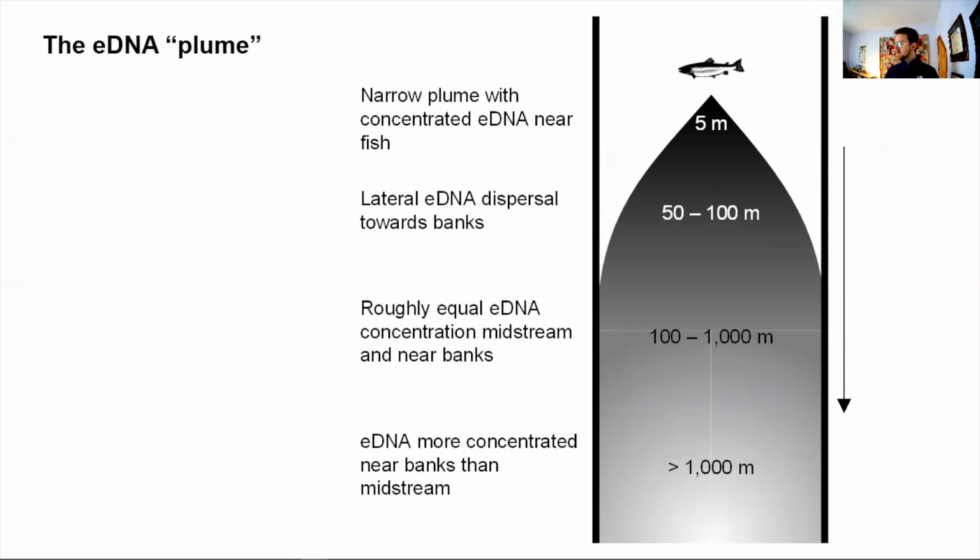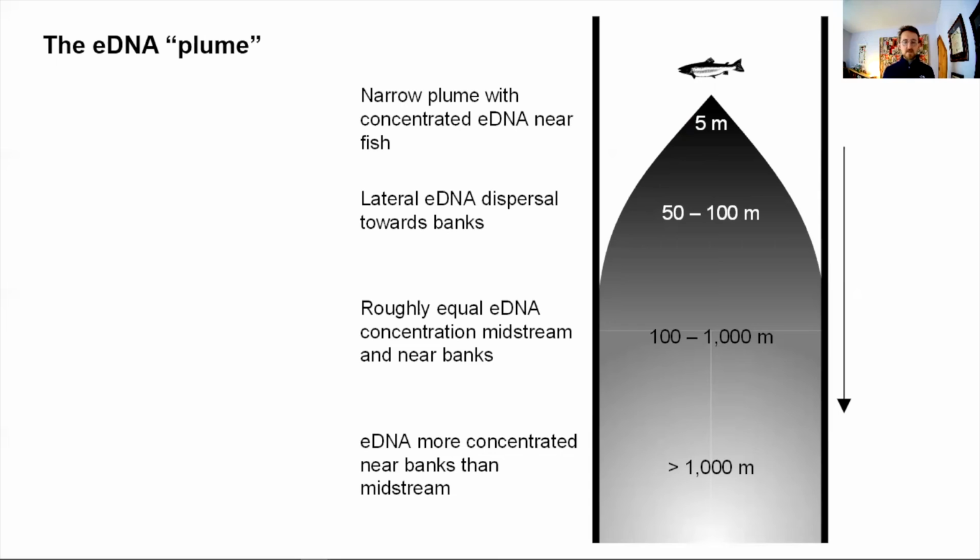And so to show this to you in a bit of a neater way, what we think is happening here is that we're seeing a plume of eDNA. So near the fish, we see this narrow plume with concentrated eDNA that a lot of our samples miss because they're to the left or the right of the plume.